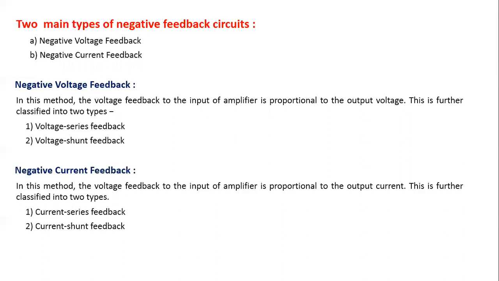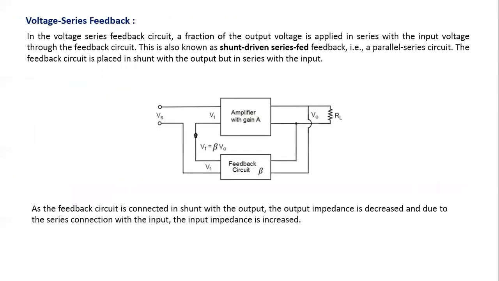Now we will study each type in detail: voltage series feedback, voltage shunt feedback, current series and current shunt feedback circuits. This figure indicates the connections for voltage series feedback. In this, a fraction of the output voltage is applied in series with the input voltage through the feedback circuit.